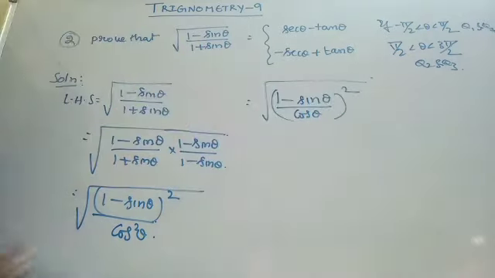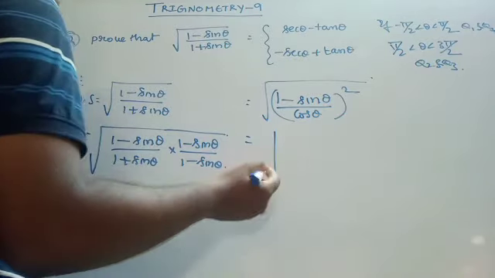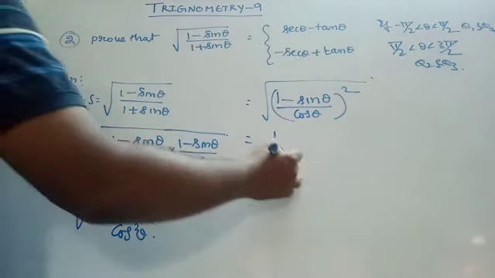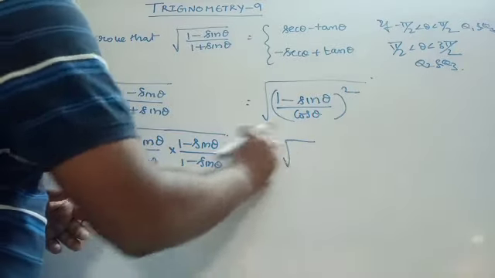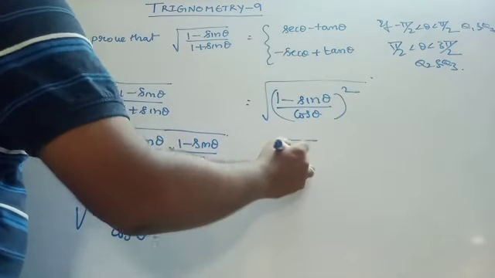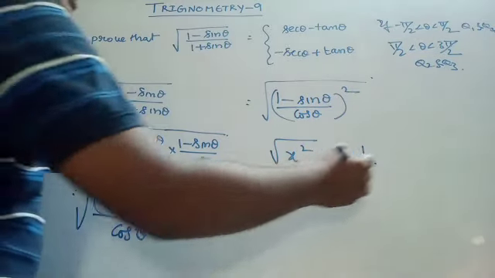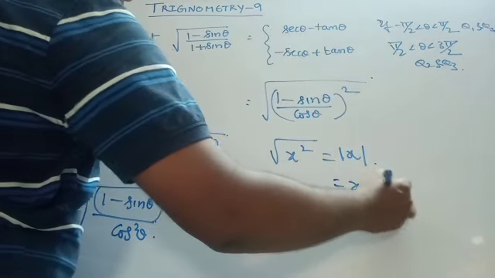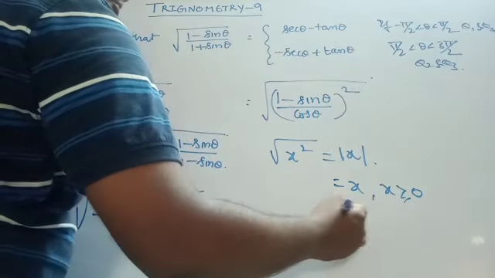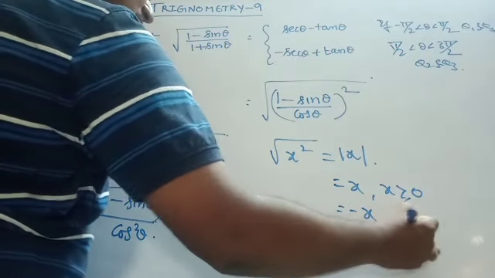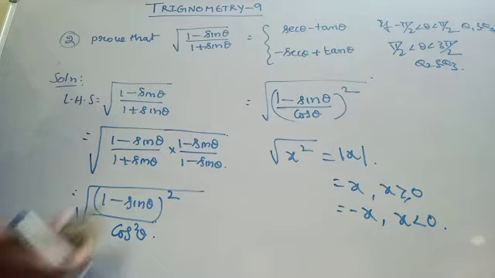I told you already in mathematics, square root of x square is equal to mod x. And mod x is x when x is greater than or equal to 0, and minus x when x is less than 0.